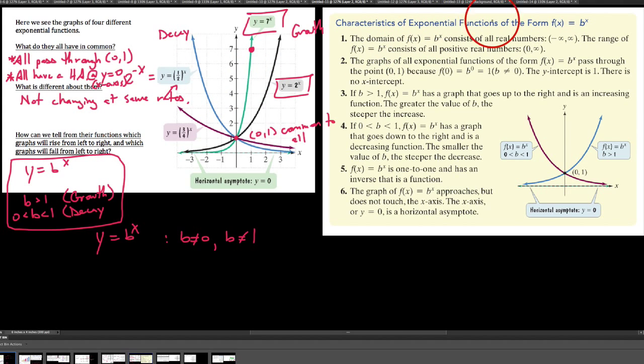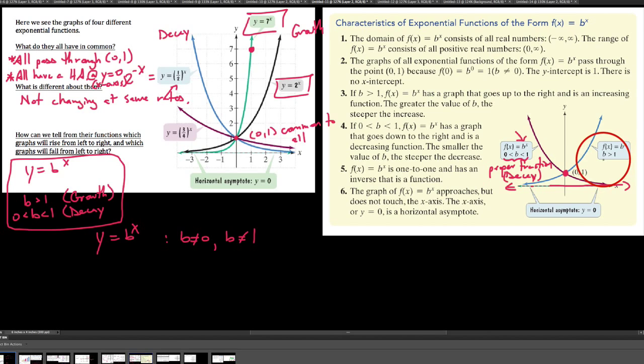So characteristics of exponential functions, I've got to be honest with you, there are two of them that are pretty consistent. We'd say that yes, we go through 0, 1, and we have this horizontal asymptote on the x-axis. So you'll notice here from our picture here, we say y equals b to the x. If your base is a proper fraction, you are going to decay from left to right, or you're going to fall from left to right.